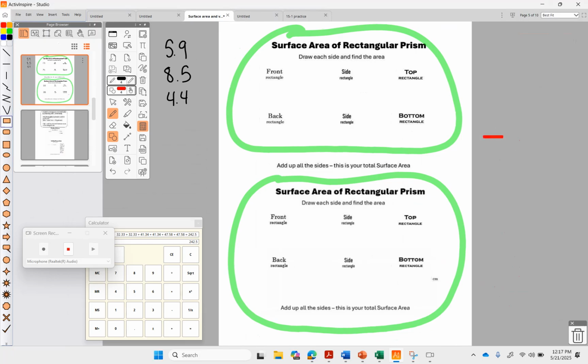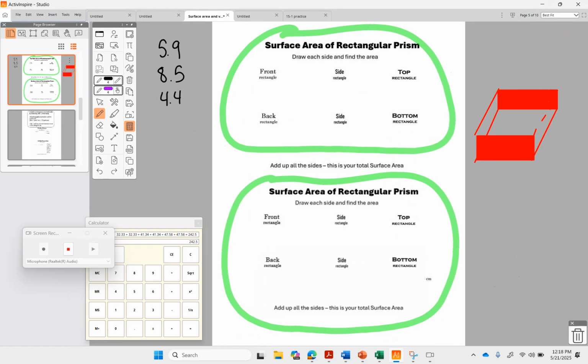Okay. And then what I'm going to do here is, okay. And then in the back, it's like the little jagged line. Okay. See if that helps.